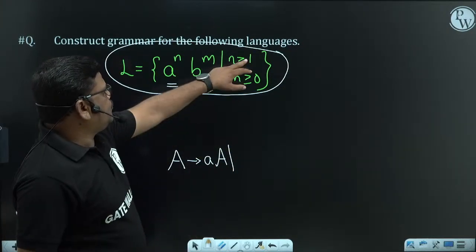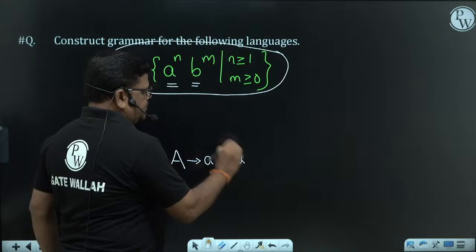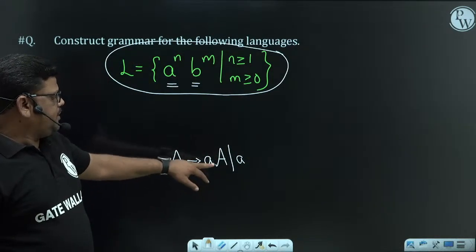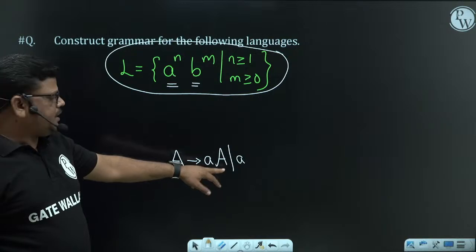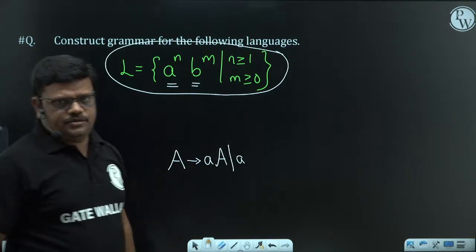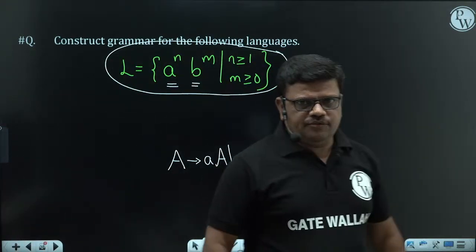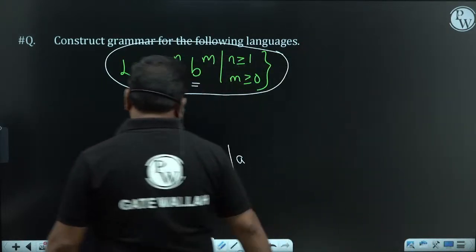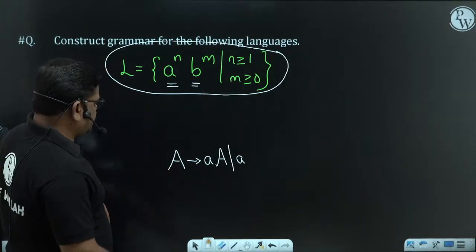Starting from 1, so the minimum string is A. Whenever I apply recursion like this, it will generate A infinite number of times. If you want to generate anything infinite number of times, we need to use recursion here. So this is generating A infinite number of times.